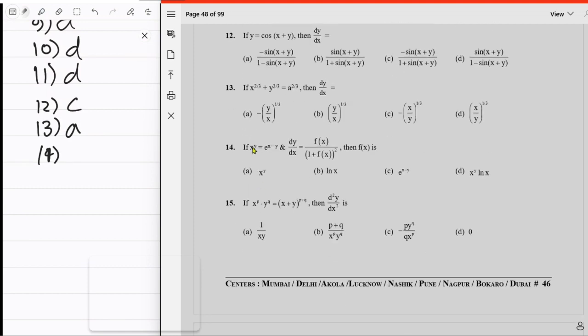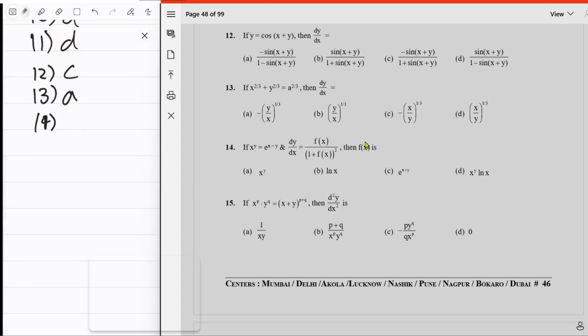14th is if x power y equal to e power x minus y, and another differential equation. Okay, you want to form a differential equation. That's what we're trying to do, of course. And dy upon dx is this thing, then f of x is equal to, okay, let's just do it. First of all, just take the natural log on both sides.